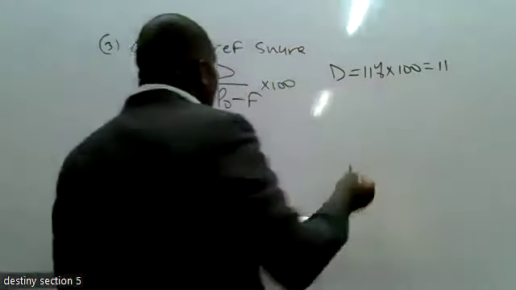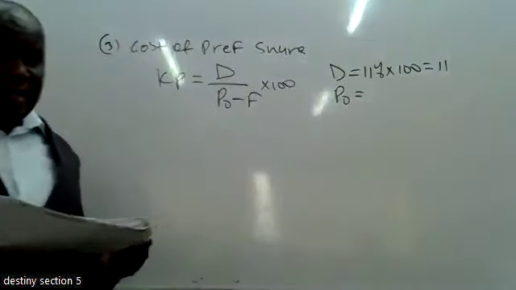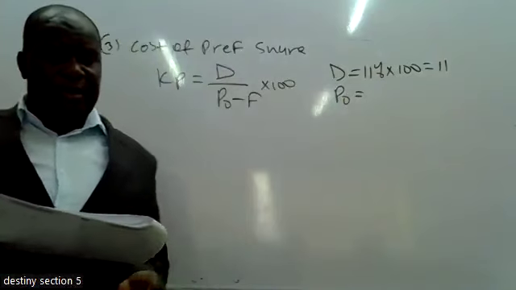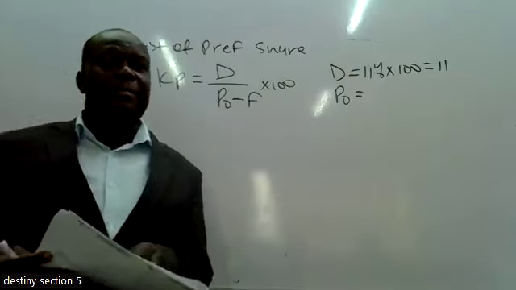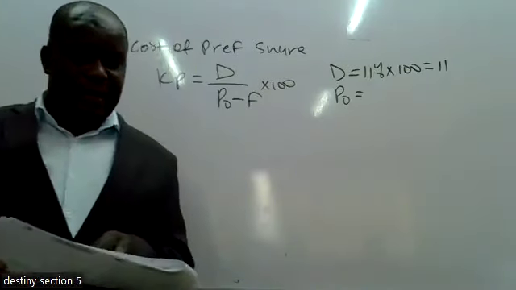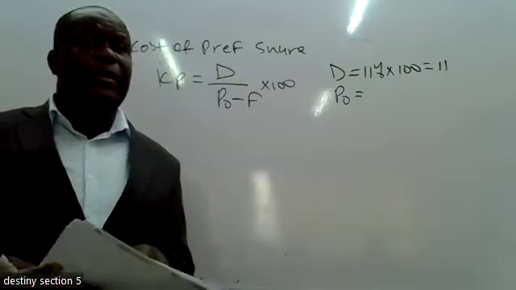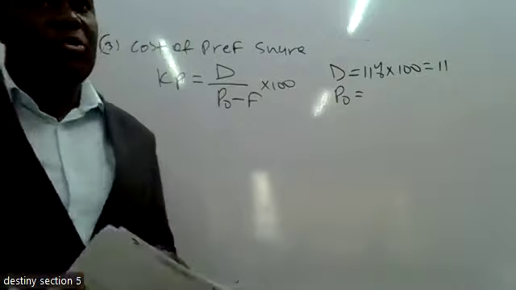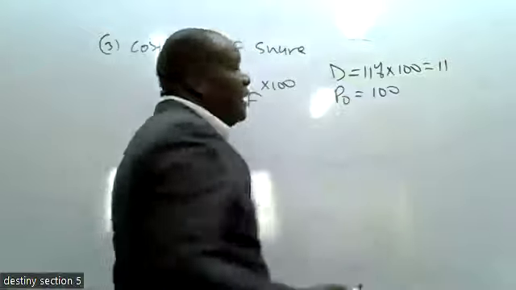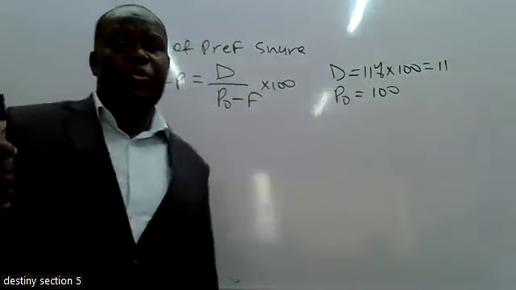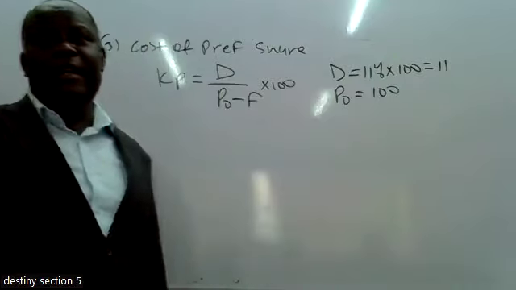Our P0 is the current price, and the current price is the same as the issuing price. They have said it was issued at par. New preference shares will be issued at par, so the par value is 100.